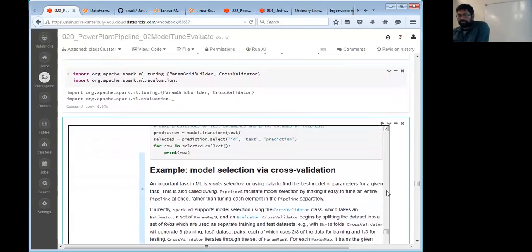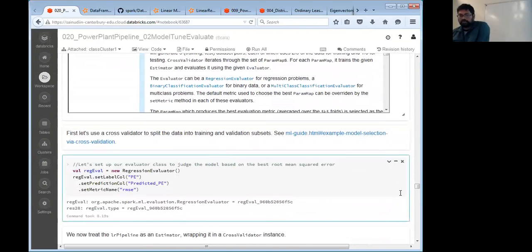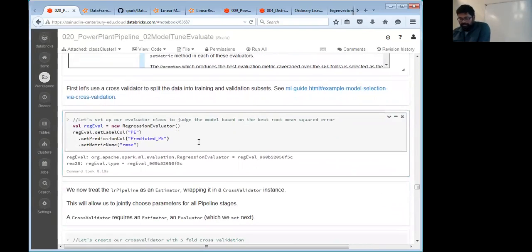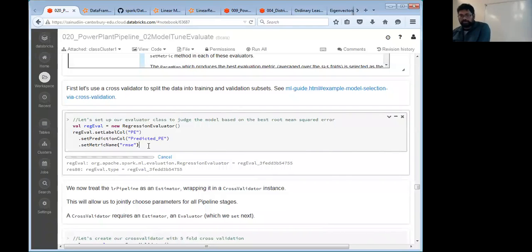Here's my reg eval, a regression evaluator. I set the label column to PE, the prediction column to predicted PE, and the metric name to RMSE. I need these for my regression evaluator, which will evaluate the whole regression operation.